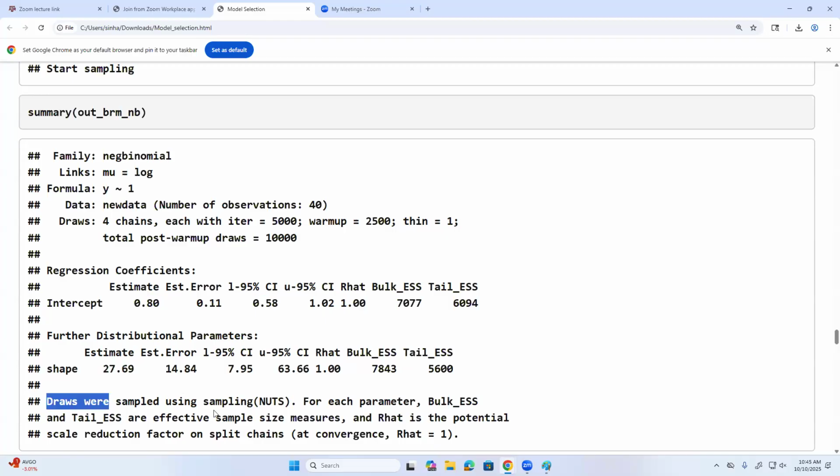Draws were sampled using sampling NUTS. So NUTS is an algorithm to sample from this posterior distribution. And people are still doing a great deal of research on the sampling algorithms.